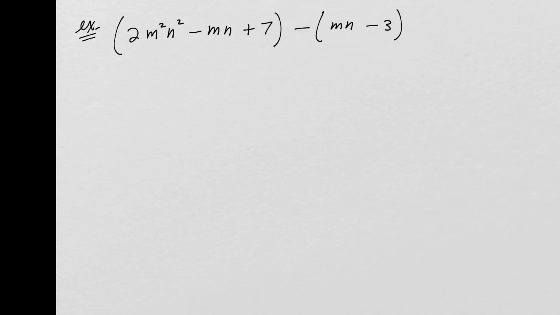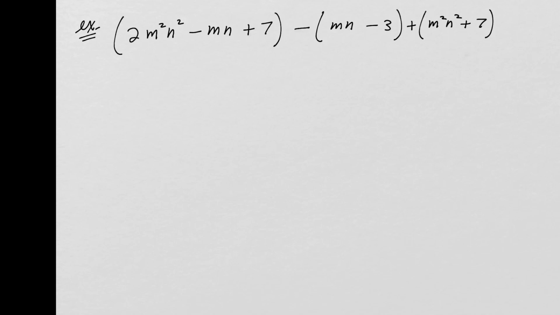So in this case, let's say I have 2m squared n squared minus mn plus 7, minus mn minus 3, and then plus m squared n squared plus 7. So I want to take the first polynomial, subtract the second one, and add the third polynomial.